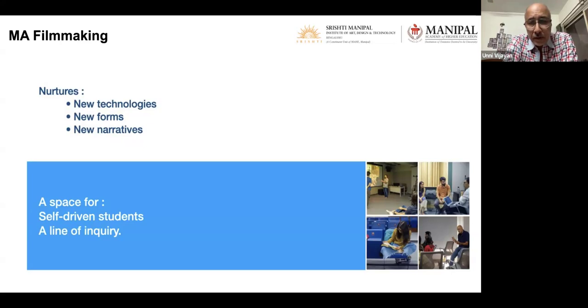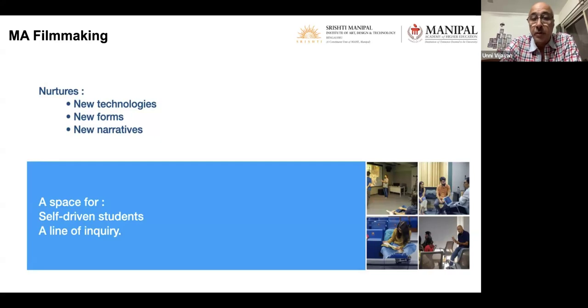Now this space of MA filmmaking, our MA space is more for self-driven students. When we say self-driven, it is students who come with some kind of an understanding of cinema and about films. So it's not a beginner's course. Most of the places outside in the country, you will see post-graduation or UG courses usually are all beginners courses, but here specifically we decided that it would not be a beginners course.